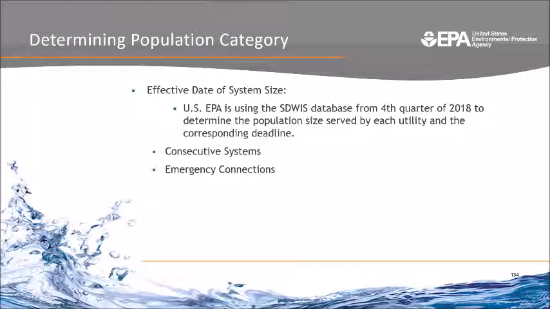For example, if you wholesale water to a utility with a population size of 25,000, and you also wholesale water to another utility with a population service size of 50,000, your total population service size as a wholesaler is 75,000, and you would need to comply with your risk assessment certification by that medium deadline of December 31st, 2020.